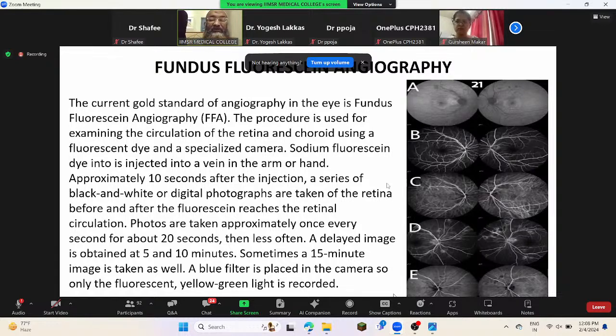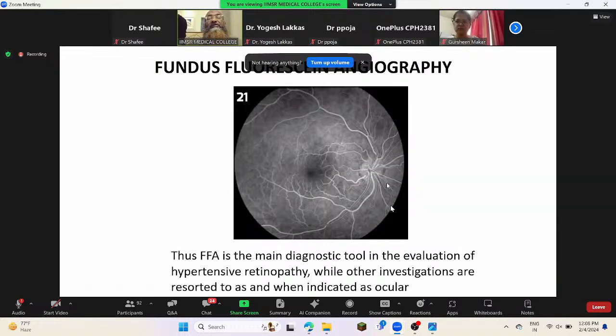A blue filter is placed in the camera, so only the fluorescent yellow-green light is recorded. The principle is very simple: the dye shouldn't be found where it is found, and dye is not found where it should be found. Here what you see is a normal angiography.